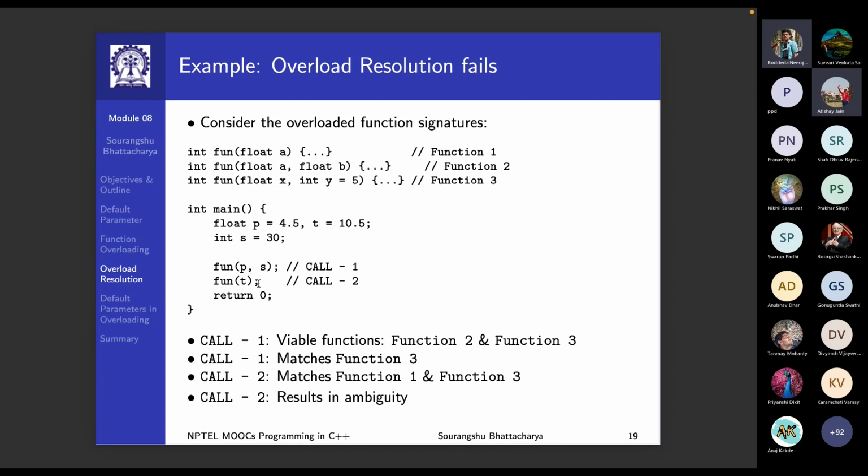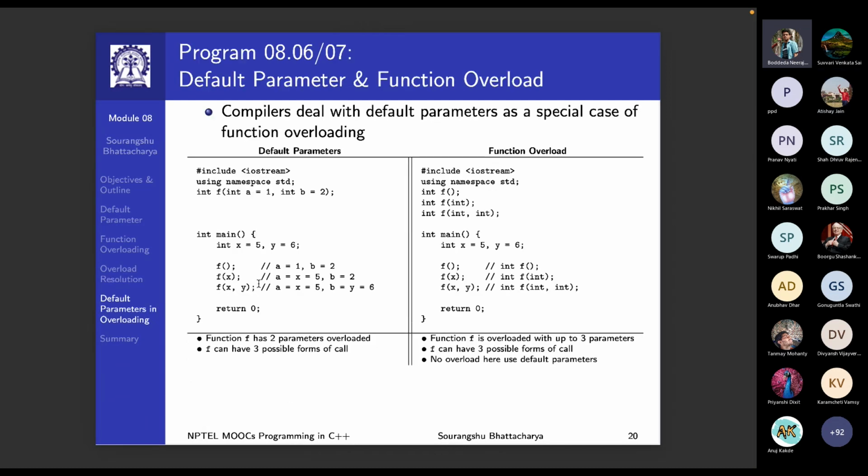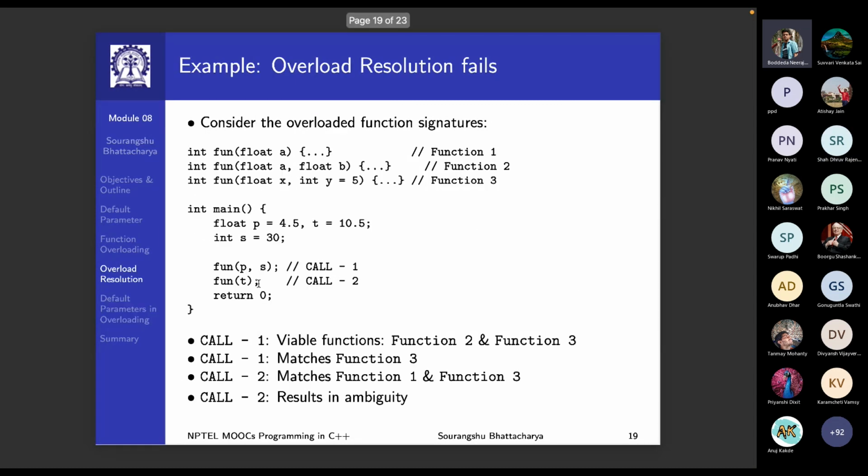Yes, sir. So Sir, I have a doubt in the last slide. Here we are not able to declare the functions in such a way, or the compiler does not allow calling the function in such a way.